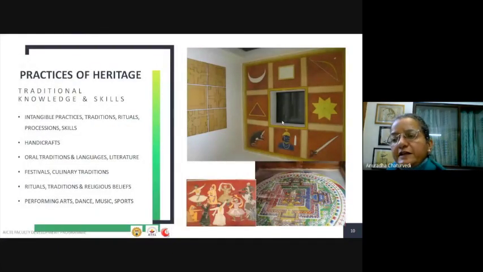When we come to the intangible, there are practices of heritage, the traditional knowledge and skills, which can be considered as the intangible heritage, or which can be classified as intangible heritage. There are intangible practices, traditions, rituals, processions, skills which take place or which occur in particular tangible contexts, such as within historic city centers or within certain kinds of cultural landscapes.